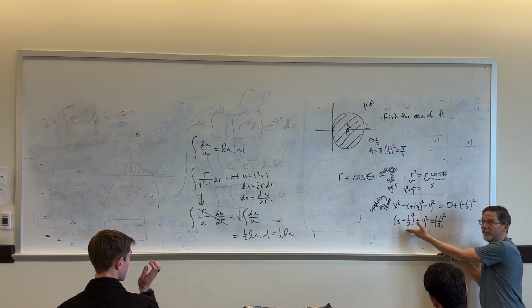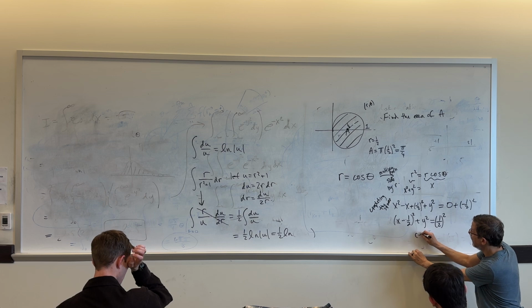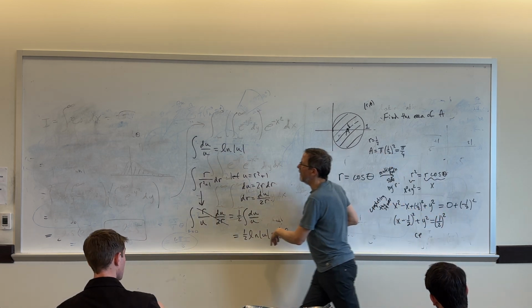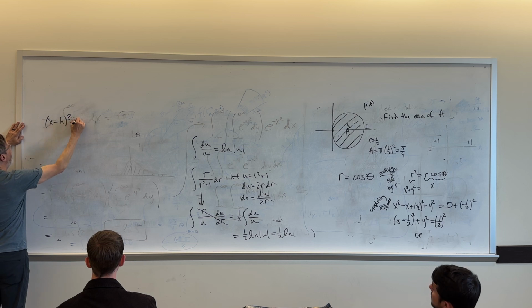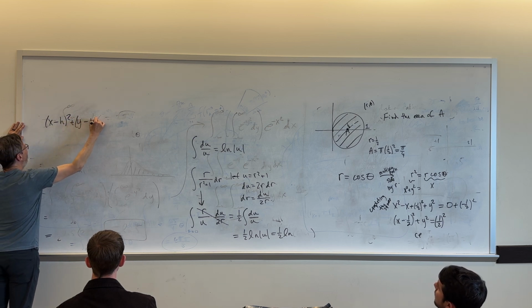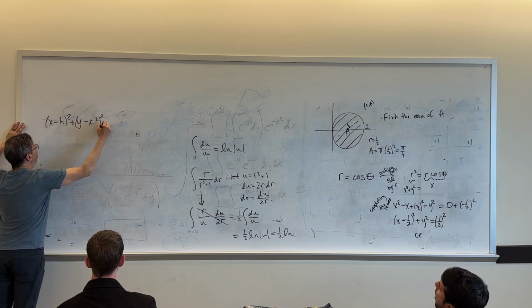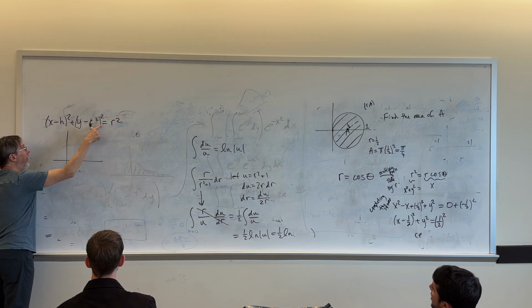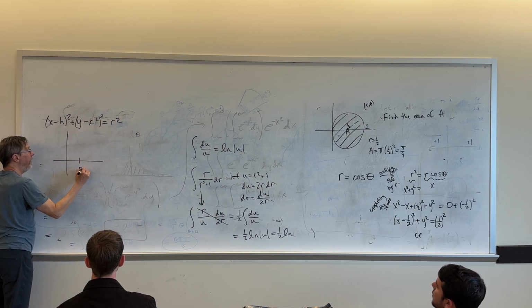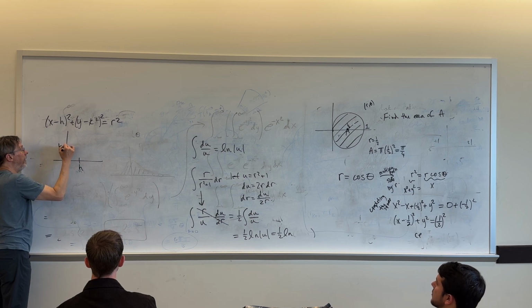A circle with a center. So you may or may not remember this, but if I gave you x minus h squared plus y minus k squared equals r squared, this is a circle of radius r centered at (h, k). Good thing to know.